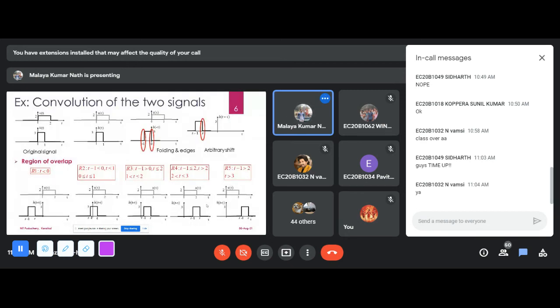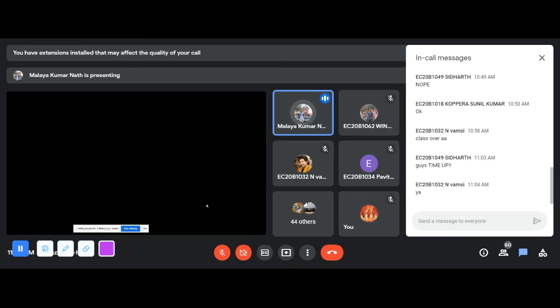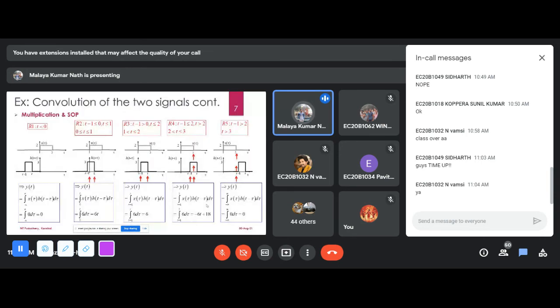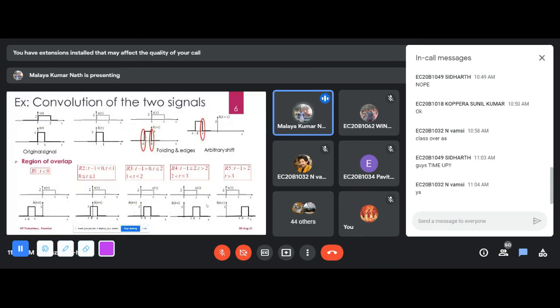So now we'll solve this problem, or we'll solve it in the next class. There is something important I have to discuss here. Just in a nutshell, I want to summarize. Whenever we are finding the convolution of 2 signals in the continuous domain, we have to look at the signal having lesser duration, because that lesser duration signal is folded.